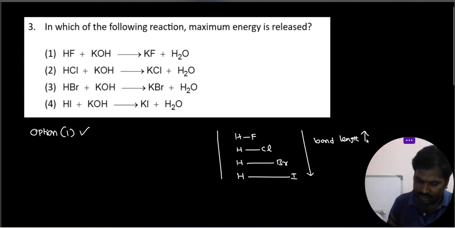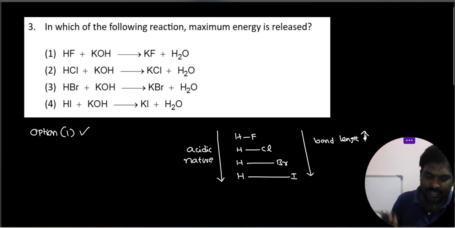Therefore, it releases H plus quickly, so acidic nature increases. Hydrogen iodide readily gives H plus. That's why we are expecting HI to be the strongest acid. No doubt at all, HI is the strongest acid.